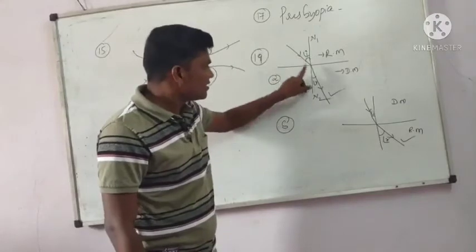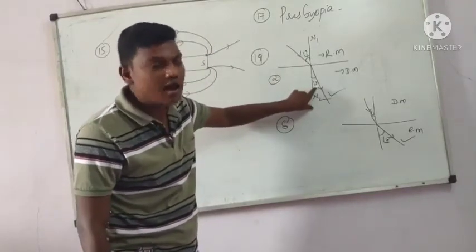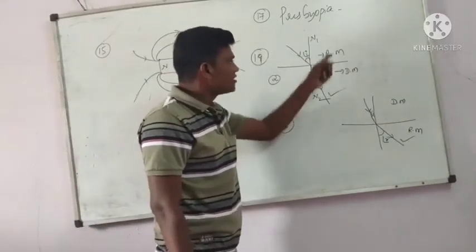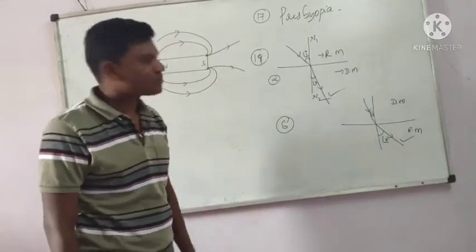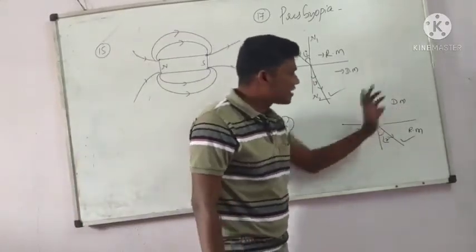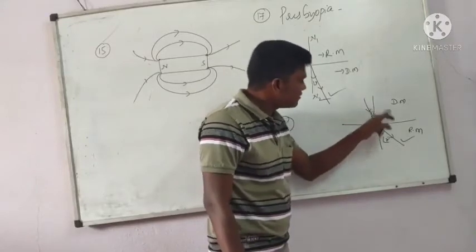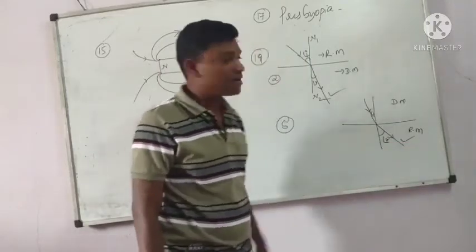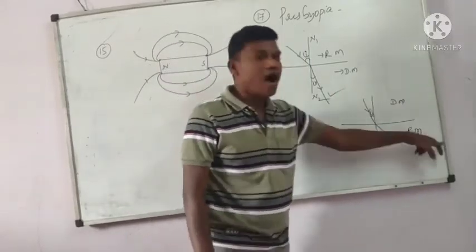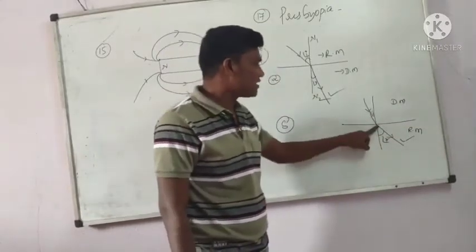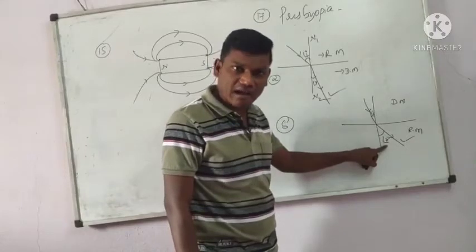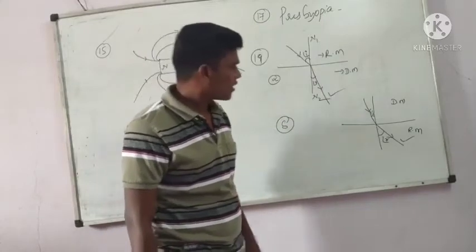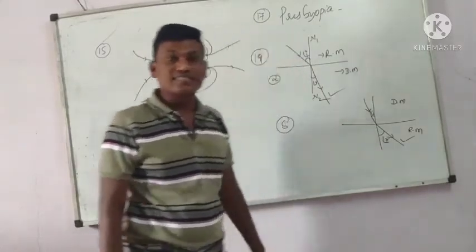Second, angle I is always greater than angle R, or angle R is less than angle I. Third, the speed of light decreases. Next, when light travels from denser medium to rarer medium, the refracted ray moves away from the normal. Here angle I is less than angle R, just opposite to A, and the speed of light increases.